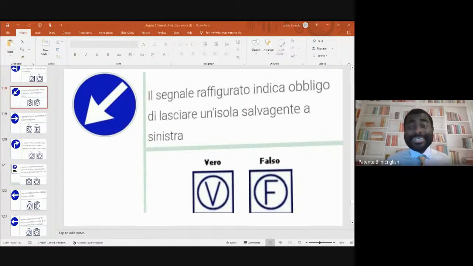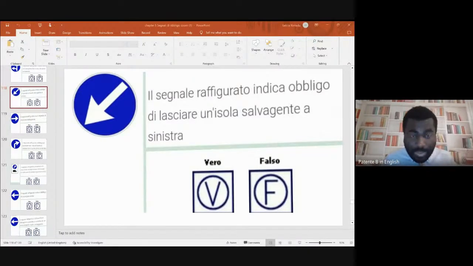And the answer to this question, indeed, is false. Because this signal is pointing to the left, of course we are obliged to pass on our left-hand side. Indeed, it is. But the question says indica l'obbligo di lasciare un'isola salvagente a sinistra.